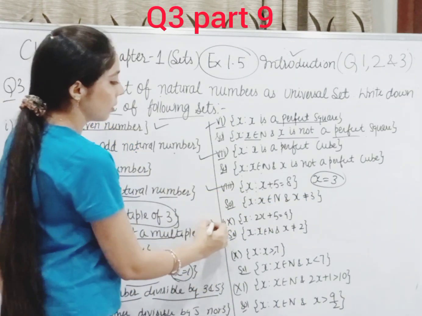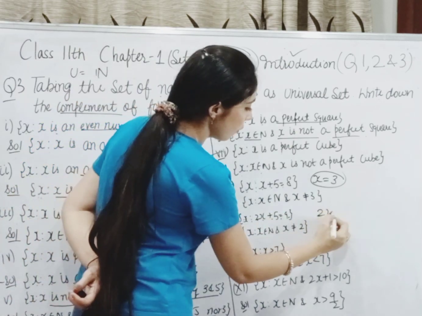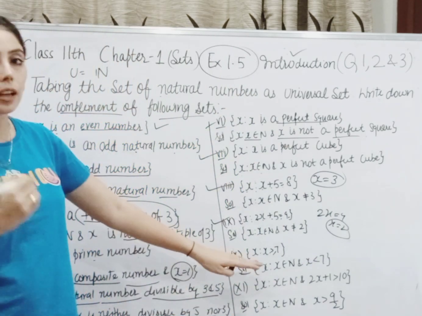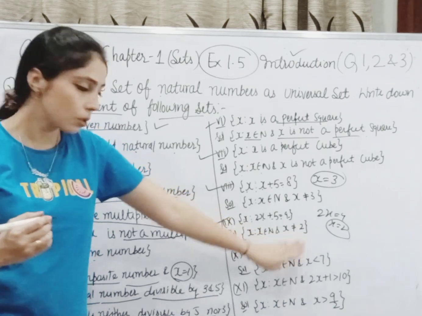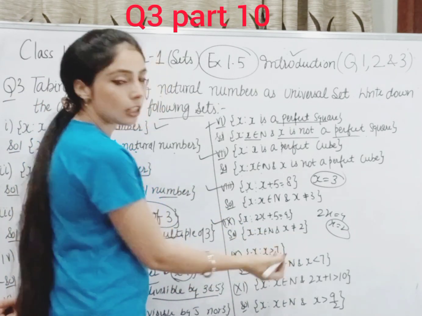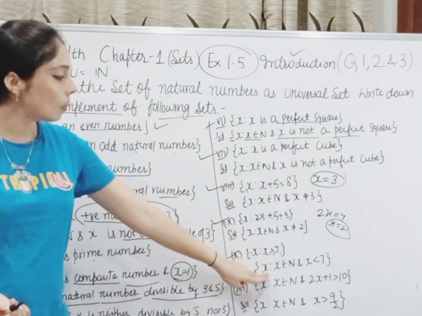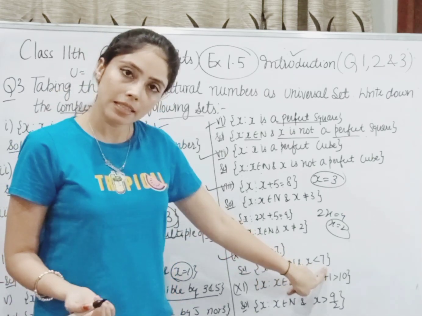What about the ninth? Those x such that 2x plus 5 is equal to 9. If we solve this, we will get x equal to 2. In the complement we will have those natural numbers which are not equal to 2. What about this? Those x such that x is greater than or equal to 7. The complement of this will be those x such that x is a natural number but less than 7.